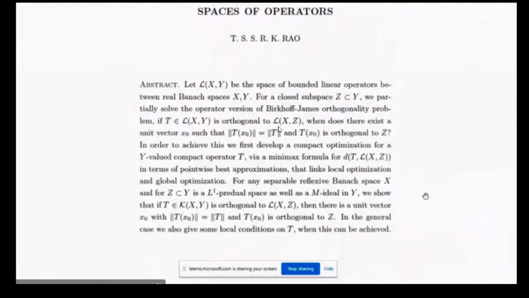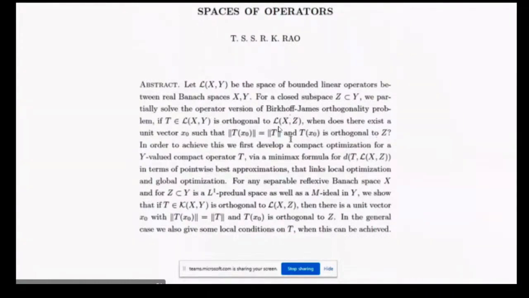And you can ask if one can actually describe such a set, and of course relate it in the spaces of operators, not just in an arbitrary vector space, but in your vector spaces of operators. So now I'm going to just read the abstract before I explain the terminology using my electronic board. So here is the abstract.